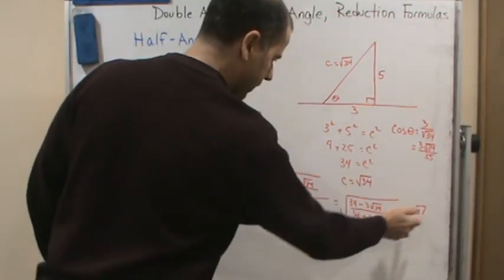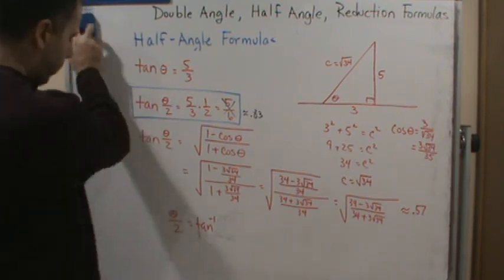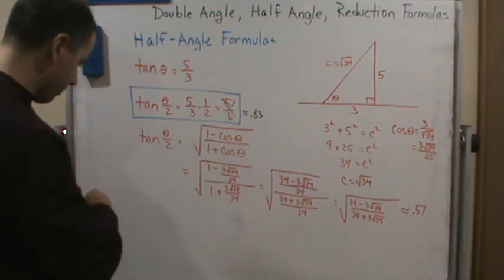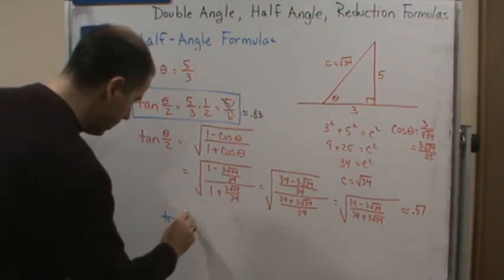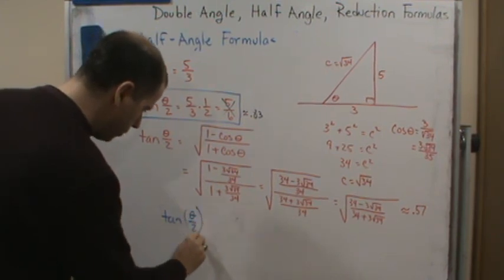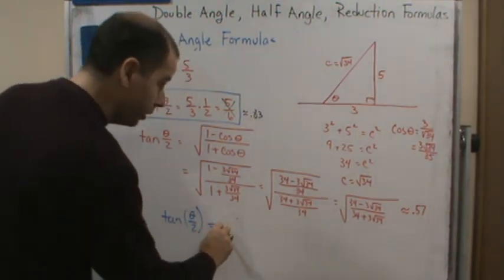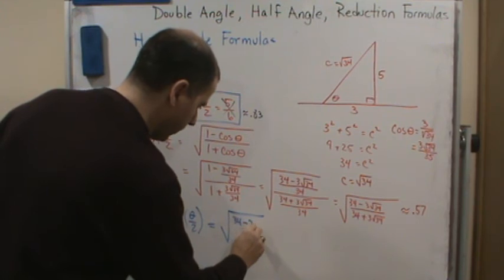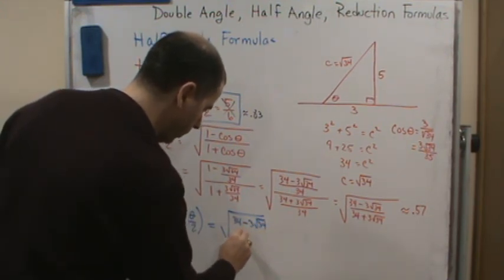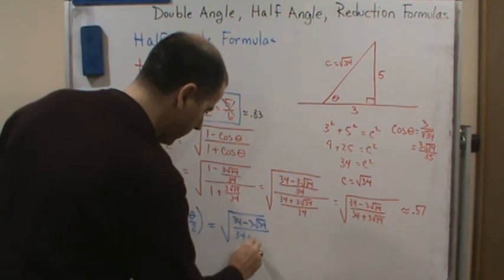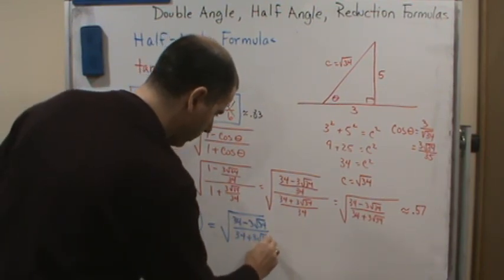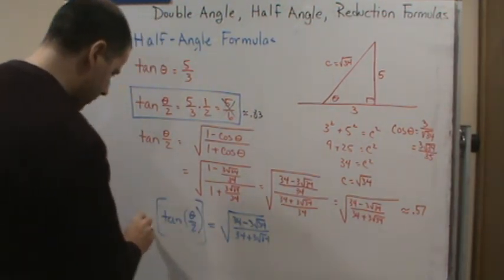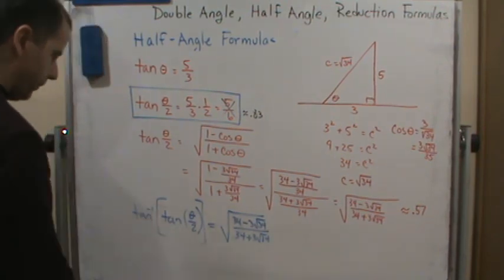But again, if you're looking for accuracy, I would take the inverse tangent because what we have is this: tangent of theta over 2 is equal to 34 minus 3 times root 34 divided by 34 plus 3 root 34.